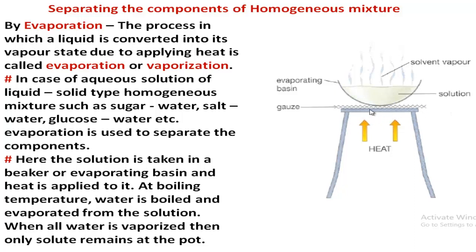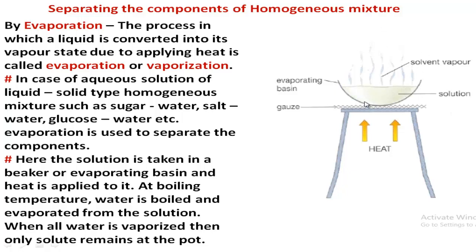And now when we apply heat using a Bunsen burner or spirit lamp, what will happen? We know that water boils at 100 degrees centigrade. So when the temperature reaches 100 degrees centigrade or above, the water starts to boil and is converted into its gaseous state. Here you can see the solvent vapor, and when it is converted into gaseous state, it goes up.